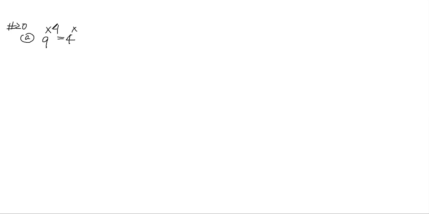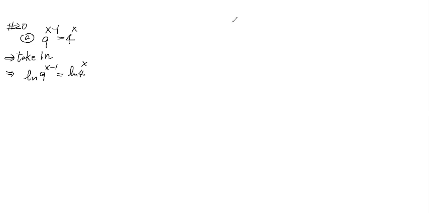When we try to solve an exponential, we hope to have the same base so we can cross the base out. But here we have different bases, so the way we do it is take the log of both sides. You can take any type of log, but I prefer the natural log. So you will have the natural log of 9 to the x minus 1 equal to the natural log of 4 to the x.